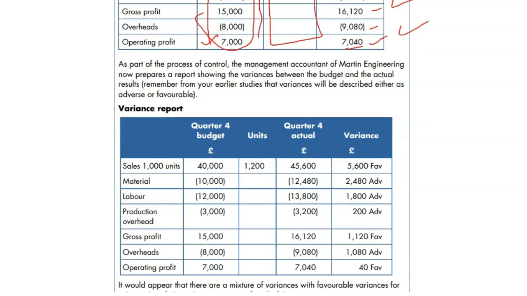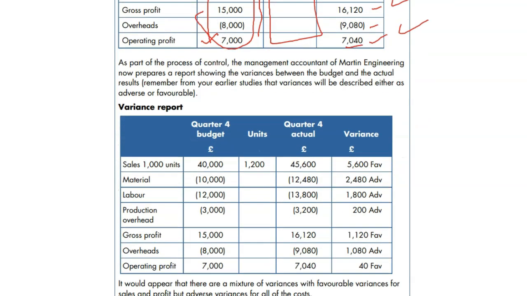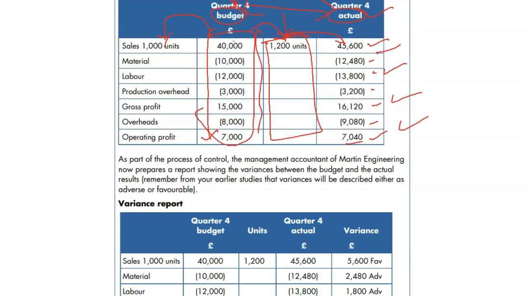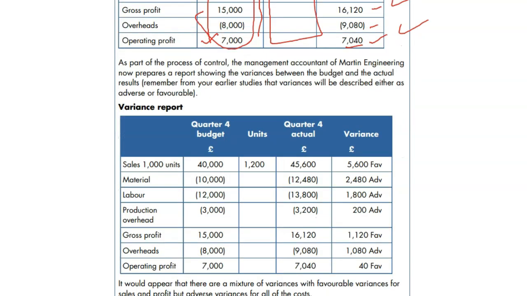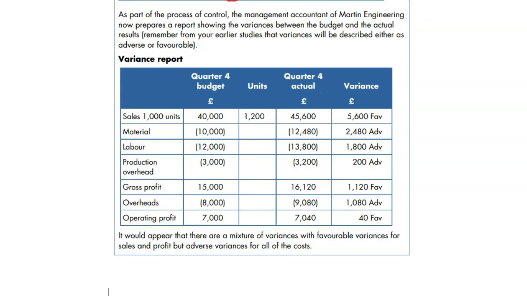This should-have budget is known as flexible budget. Before going into the flexible budget, let's compare our master or fixed budget with actual.